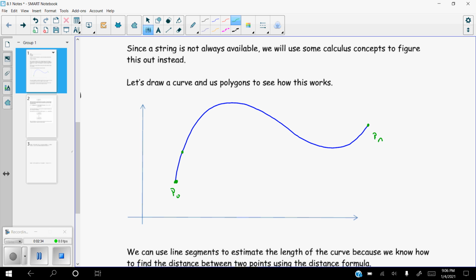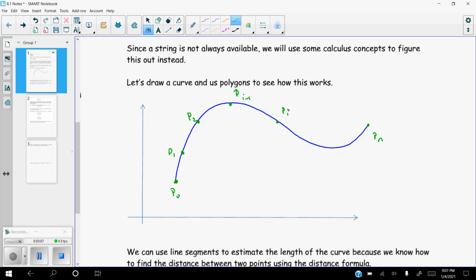We're going to call this one right here P1, and then this one up here P2. And then we're going to call this one right here P sub i minus 1, and the one over here P sub i. Those are just any two general points, the i minus 1 meaning it's the point right before P sub i.